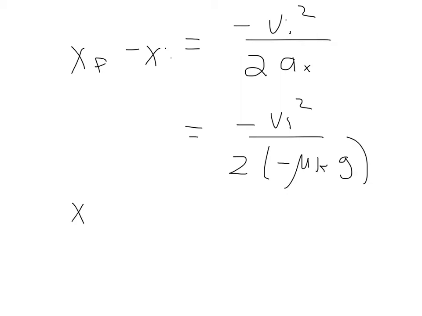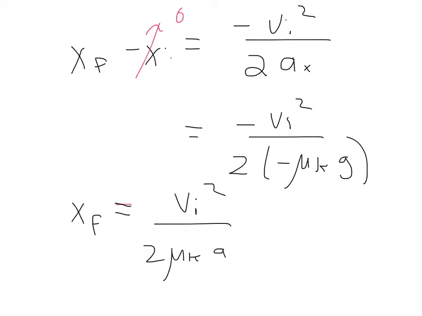Alright, so x final is going to be equal to, and I'll just take my x initial to be 0. So x final becomes equal to vi squared divided by 2 mu sub k g.